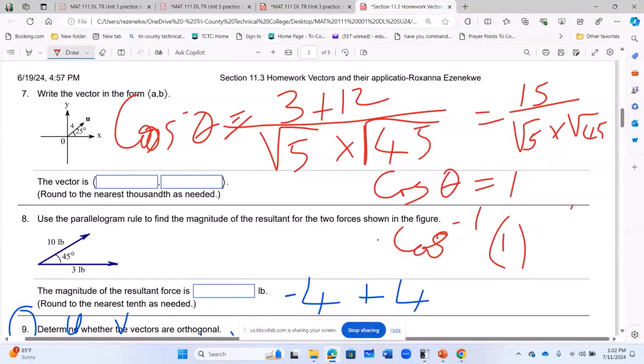Okay, you don't even have to use your calculator. See, we know that in a unit circle, we want to find where cosine is. This angle is not 0. So it's not 90. So we come over here. We see cosine is 1 here, 1, 0.